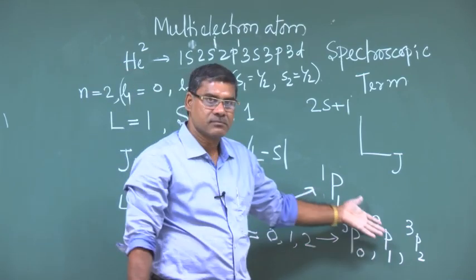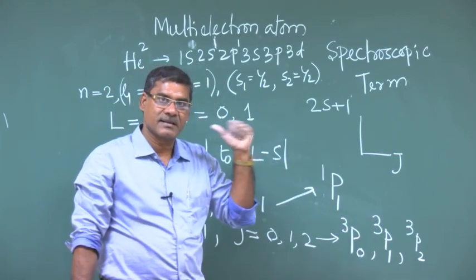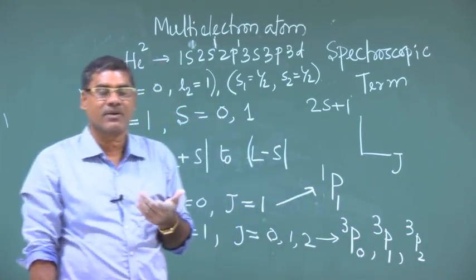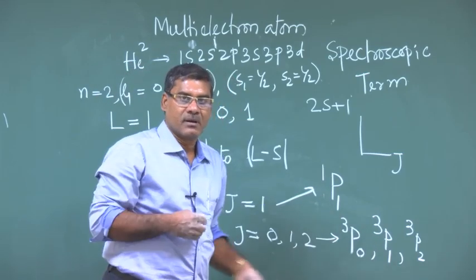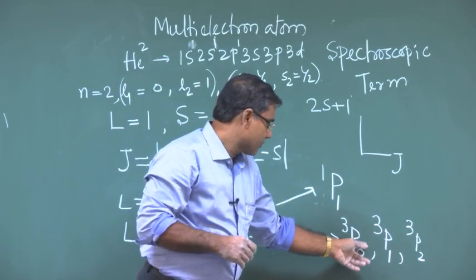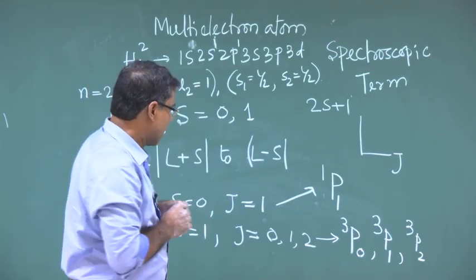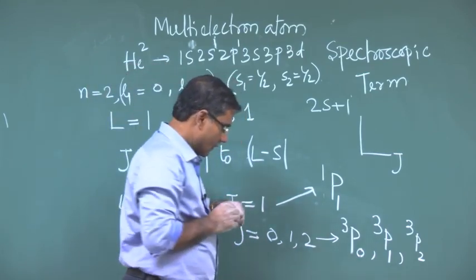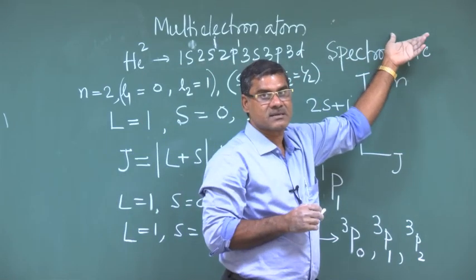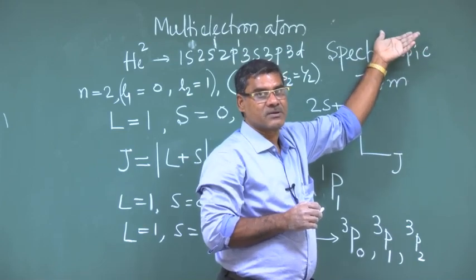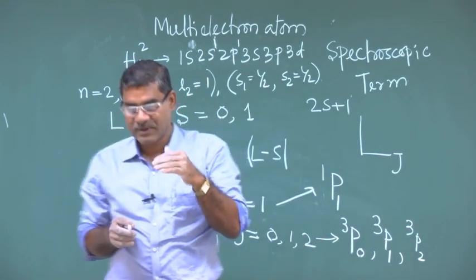And their energy, you see here, this E depends on J. How does it depend on J? It will follow the same rule that we found earlier. A lower J value will have a higher value of that term, so it will be more negative.